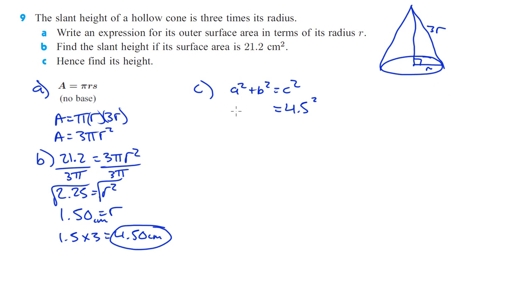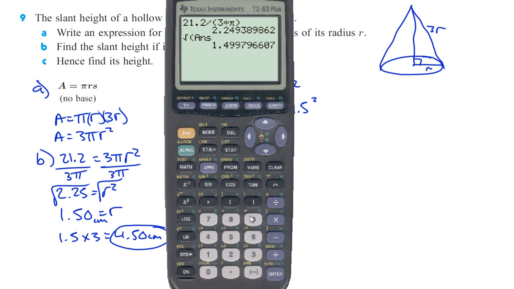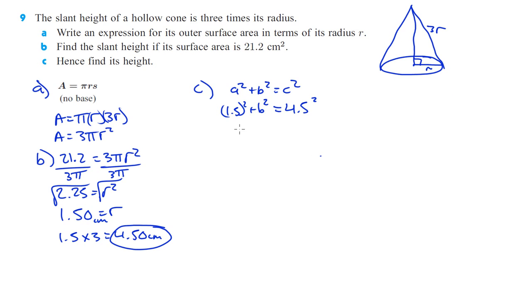And then one of our sides is going to be 1.5 squared, and then we want to find the height, which we'll call b. Okay, so let's take 1.5 and square it, and that gives us 2.25. So that's 2.25 plus b squared, and then equals our 4.5 squared.